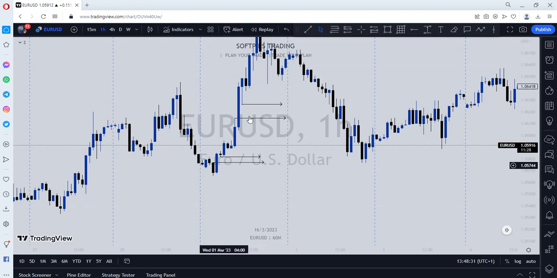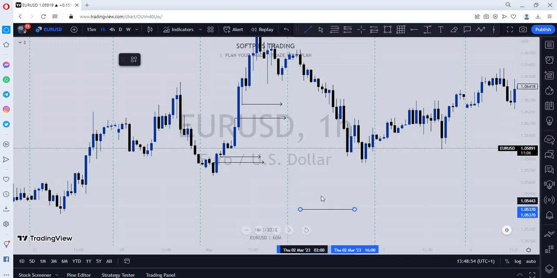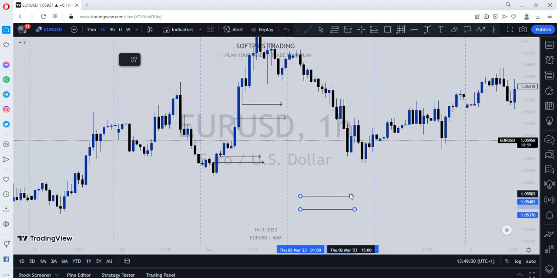I prefer to take this, unless this fair value gap is above here, which is fair value gap and old high. Another type of fair value gap I like taking, though you don't always see it in the market, is where you have fair value gap in this region, for example, and another fair value gap by the side.